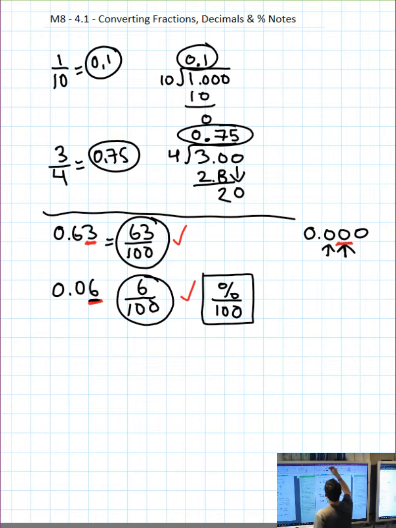So, if I know that a percentage is just a number over 100, if I have 6 over 100, I just know that is 6%.